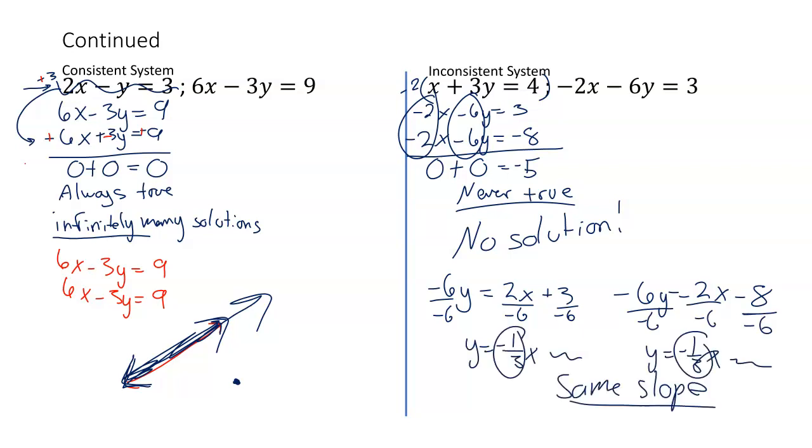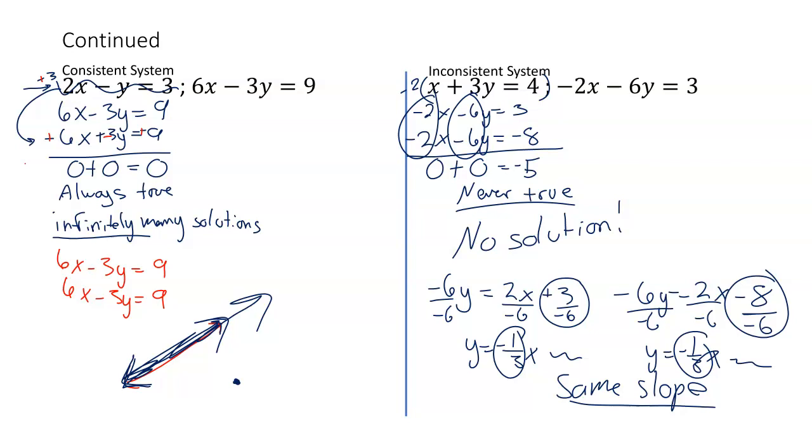Same slope when we put in slope-intercept, but because the constants were different, that means the y-intercepts are going to be different. On the left side with the consistent system, because the constants are the same, the y-intercepts are the same, making them the same line.